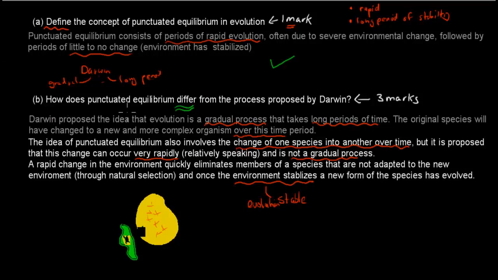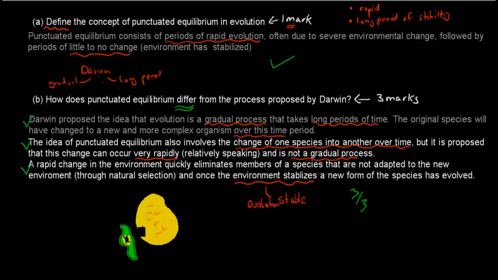So we get marks for saying what Darwin's evolution is like, and marks for putting the points in terms of punctuated equilibrium, and maybe also by going into a bit more detail. So we say rapid and stable, and then link that to the environment. It's rapid because the environment changes, and then it's stable because the environment stabilizes. It's worth 3 marks, and you would get your 3 marks out of 3 for that.